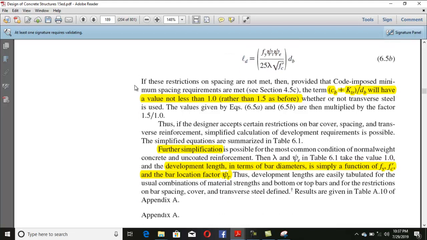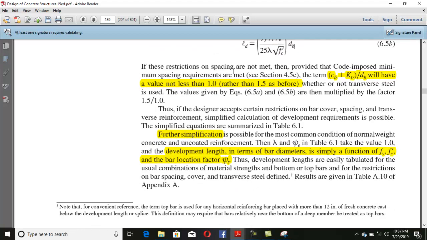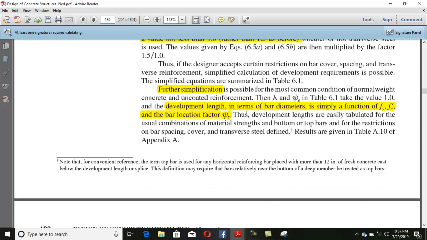If these restrictions on spacing are not met, then provided that the code imposed minimum spacing requirements are met, the term will have a value not less than 1 rather than 1.5, whether or not transverse reinforcement is used. The values given by the equation are multiplied by the factor 1.5 to 1, if the designer accepts.